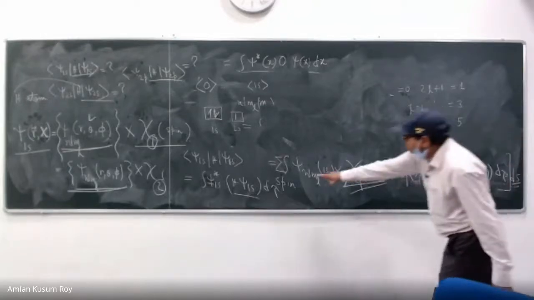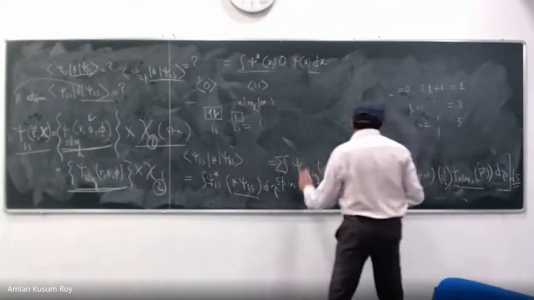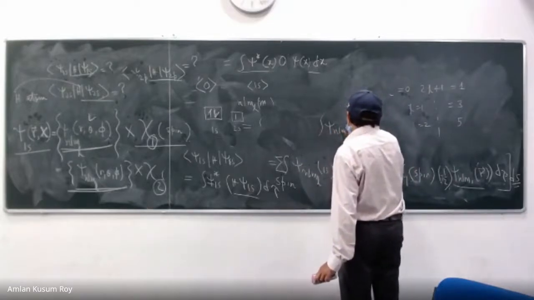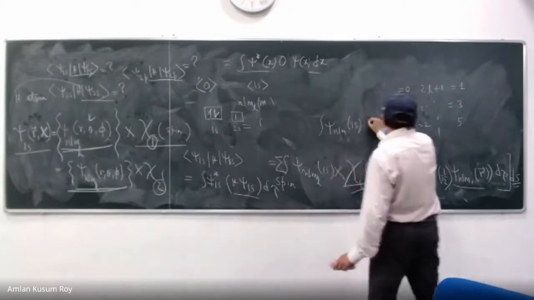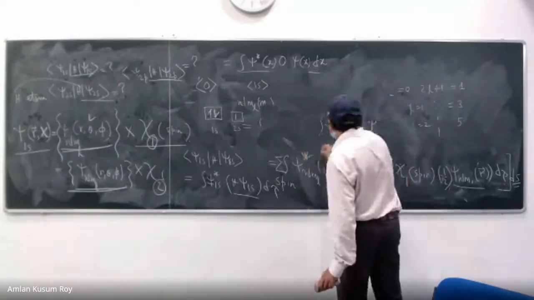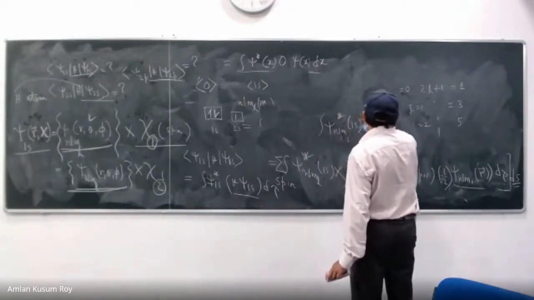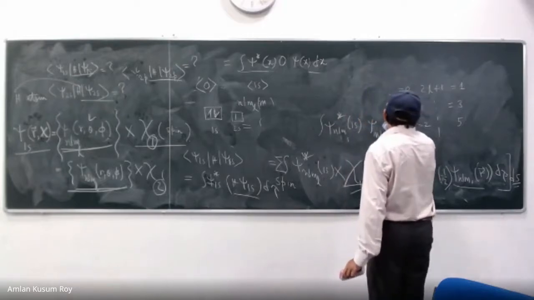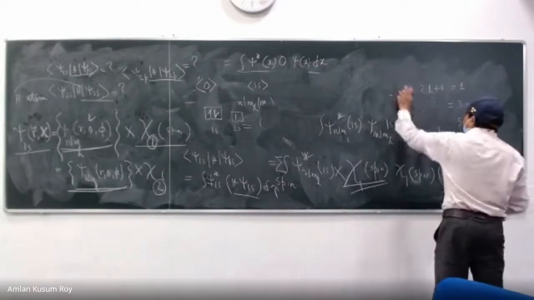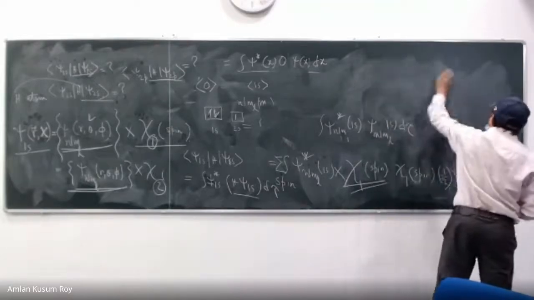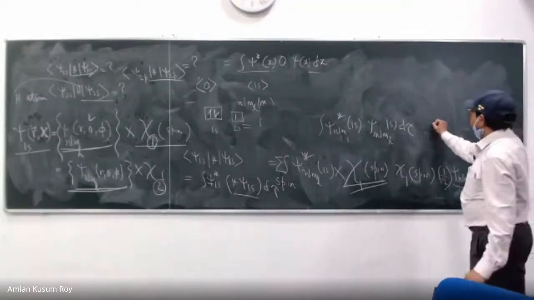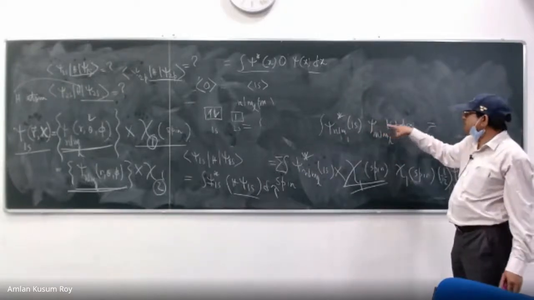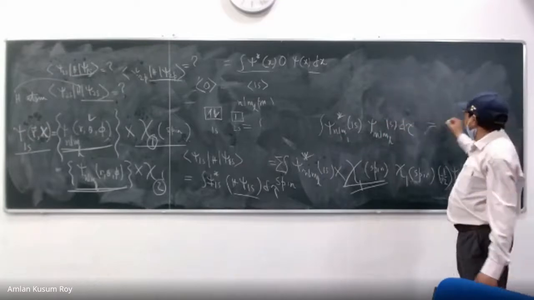Now you see this integration of psi_nlm_l 1s star psi_nlm_l 1s d tau. This portion I am looking at from this expression. That is what the 1s orbital normalized means: psi 1s star psi 1s, just like the Kronecker delta, should give you only 1.